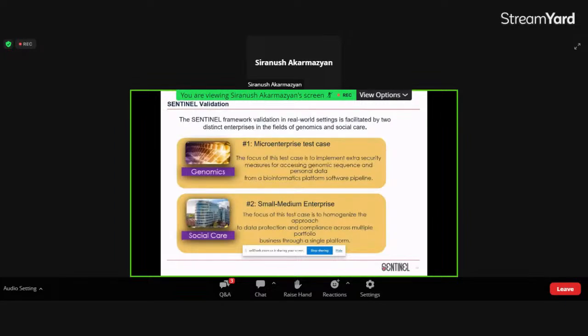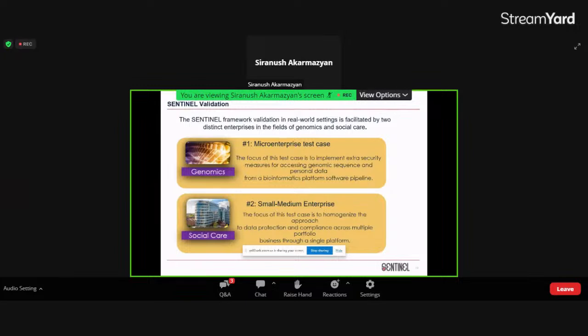Regarding the Sentinel validation and these use cases, we want to validate all our offerings and results in real-world settings with two distinct enterprises in the fields of genomics and social care. The first is a small microenterprise test case.